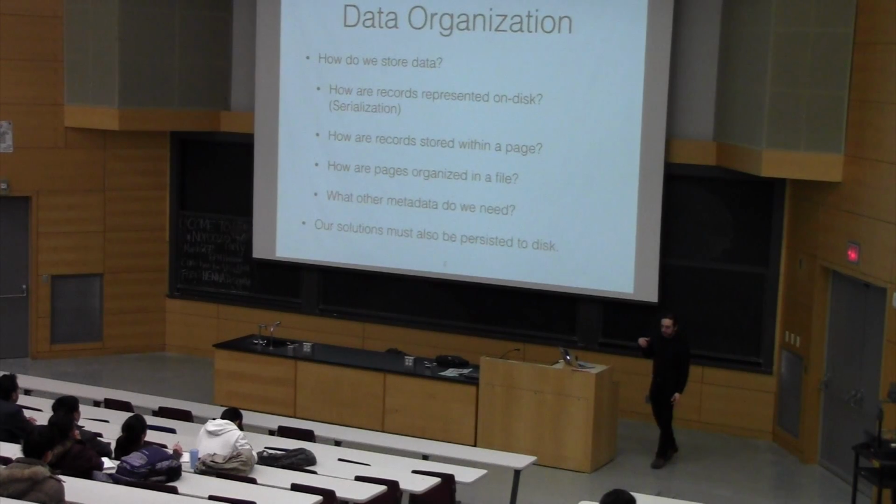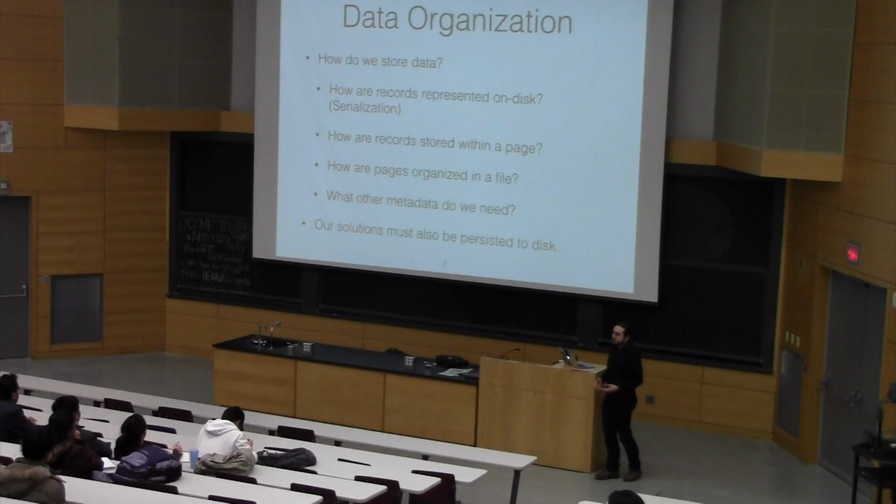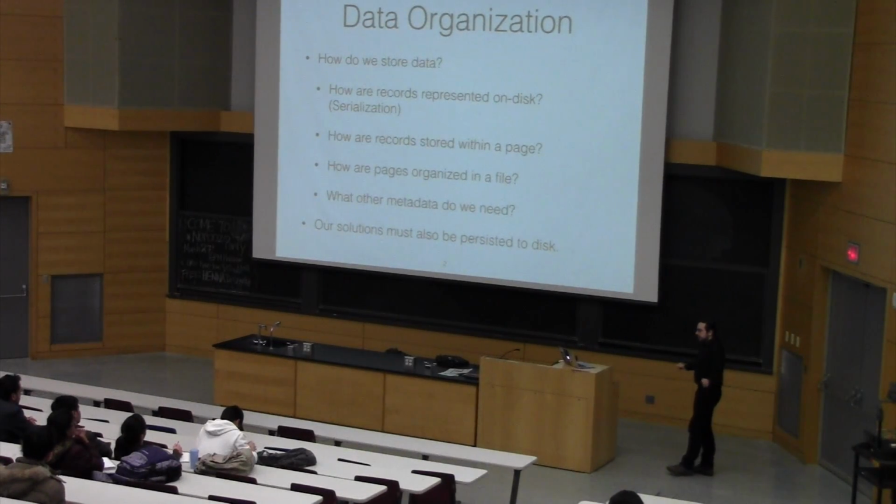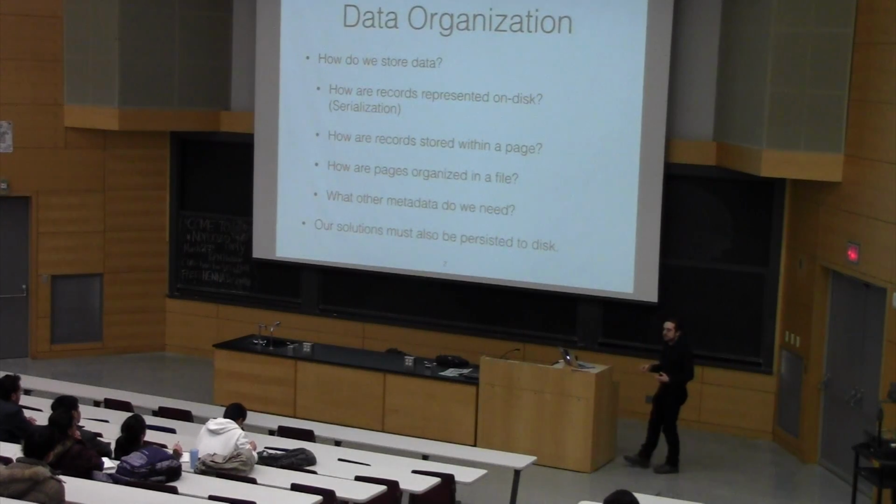So if I have a data set, and I need to store it. I think every one of us conceptually understands this idea that a disk, a file, is some collection of records.